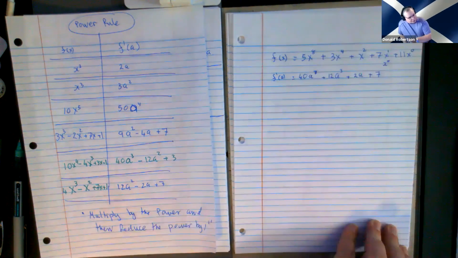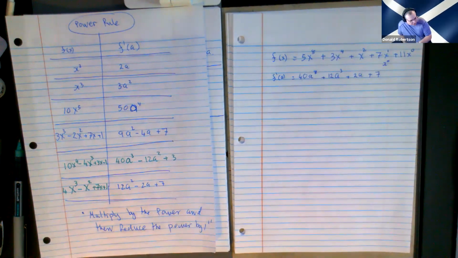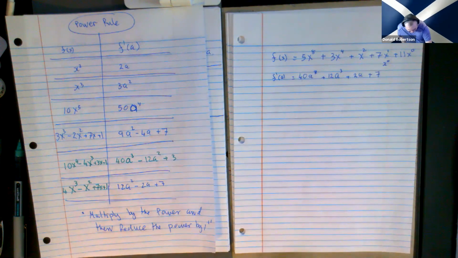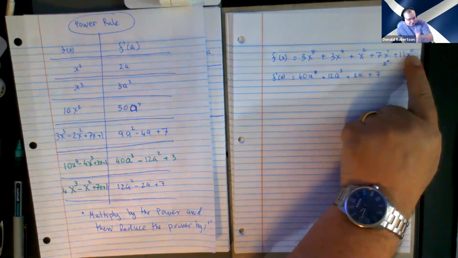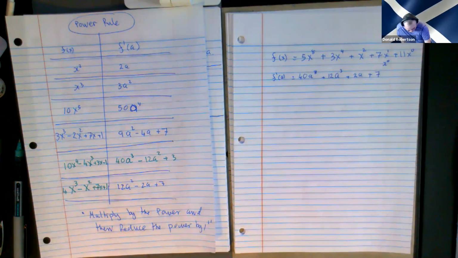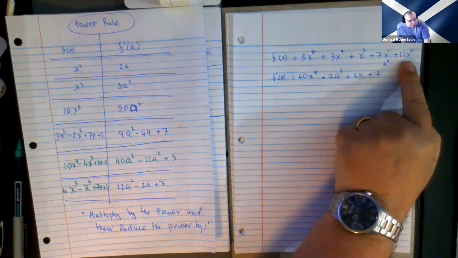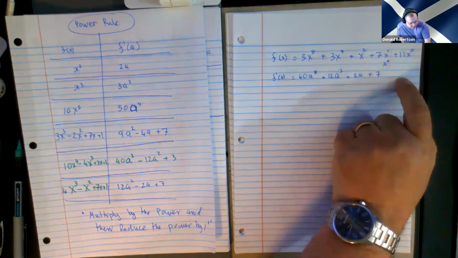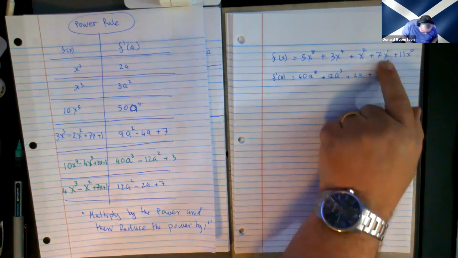Because x to the 0 is 1, agreed? So 11 ones is like 11 x to the 0s. Now, if you multiply by the power, don't you multiply by 0, and 0 times whatever it is kills it? It's gone. But again, I just remember that numbers, constants, just disappear. And 7x gets you 7.